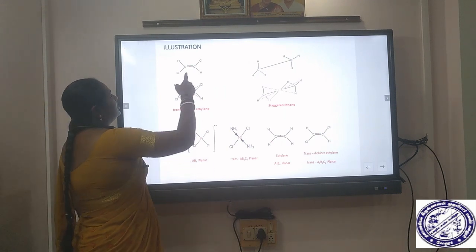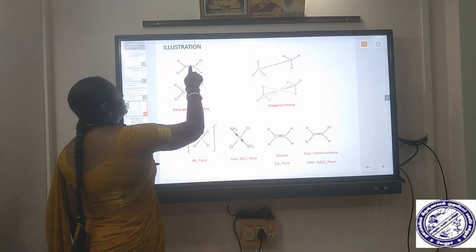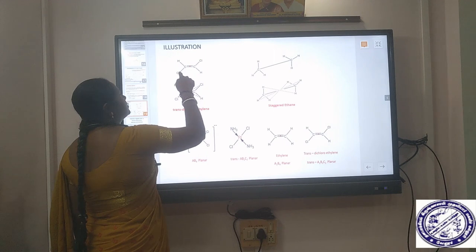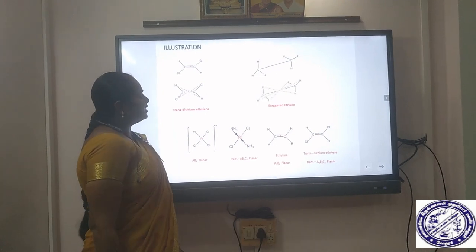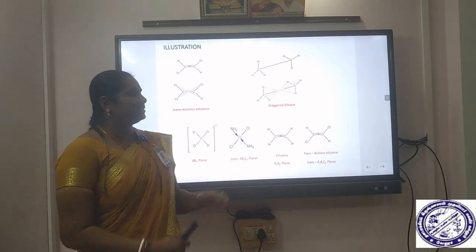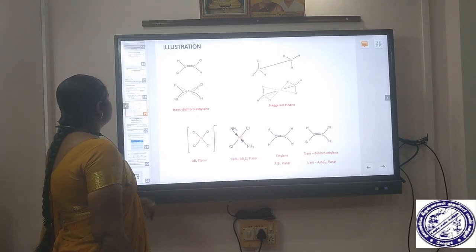This is a molecule which has a center of symmetry. Here we put a point and extend the line to this side and the opposite side. On both sides, at the end there is a chlorine atom. If this is the case, then the molecule has a center of symmetry.